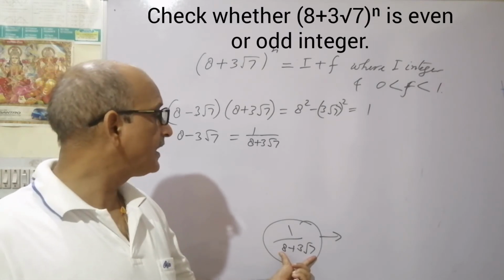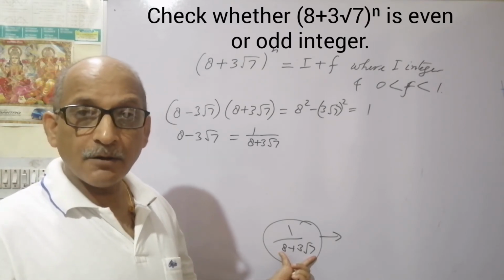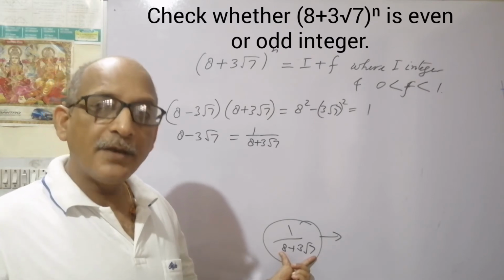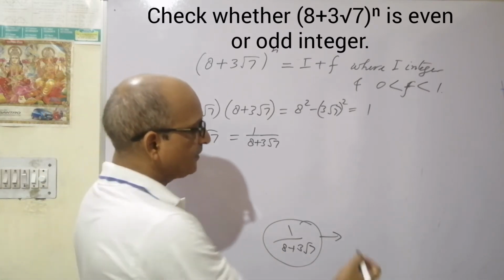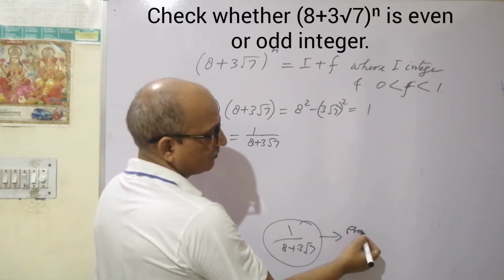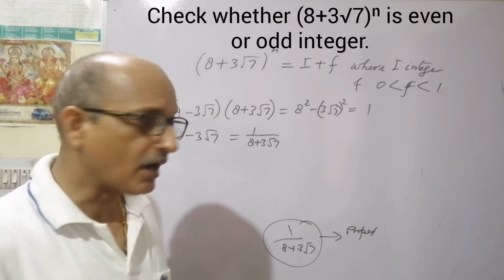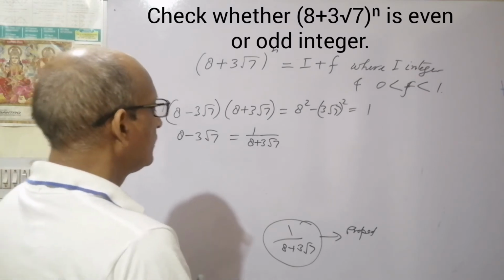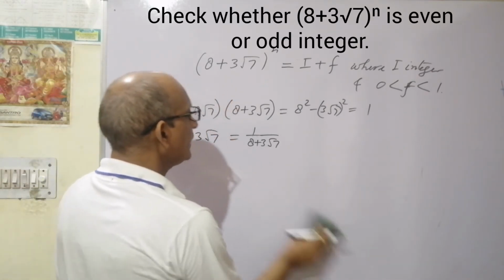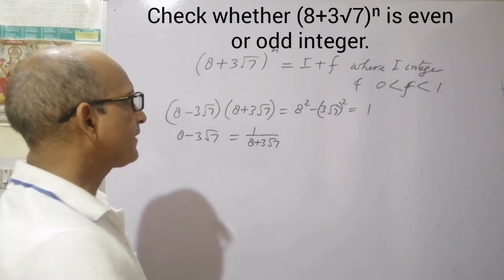If the number 1 is divided by a number bigger than it, obviously this will be a proper fraction, meaning it lies between 0 and 1. So we can decide that it is also a proper fraction.